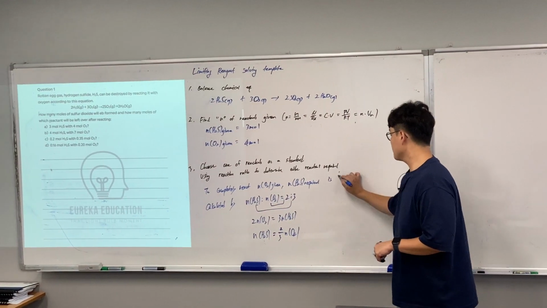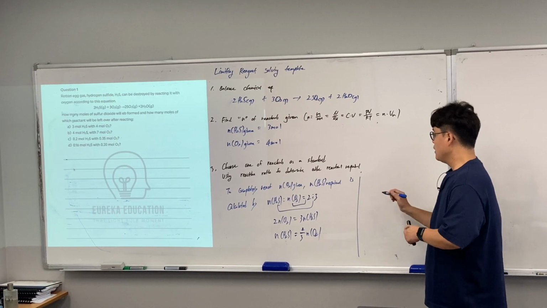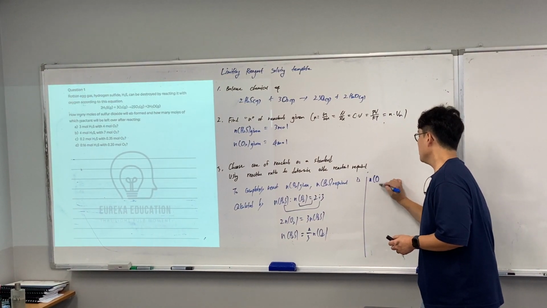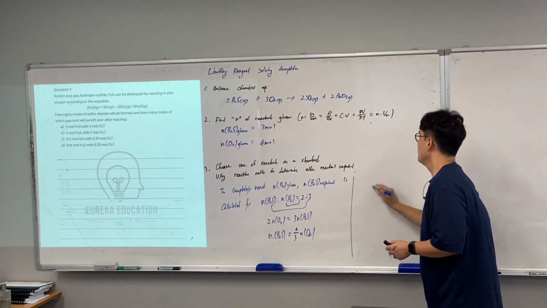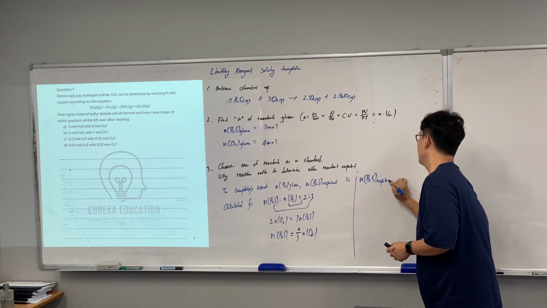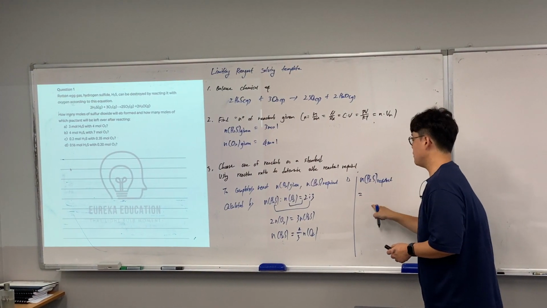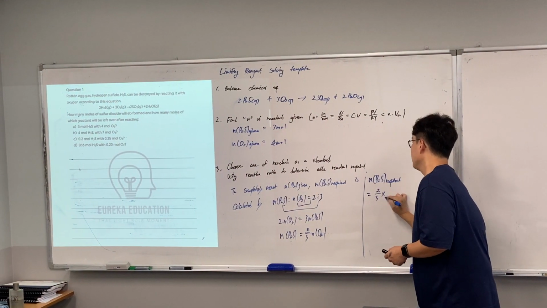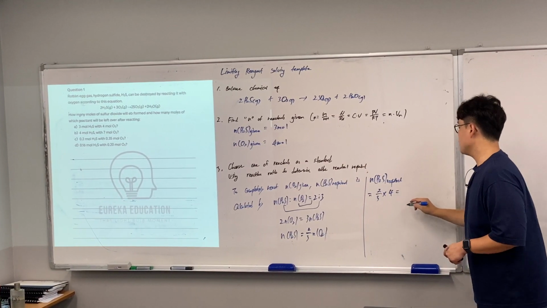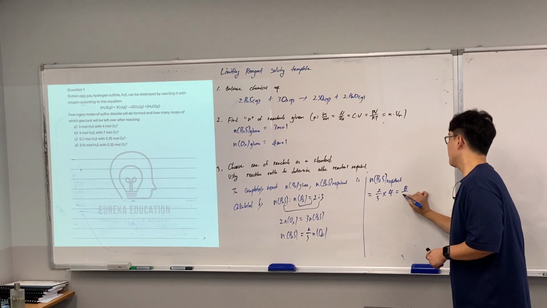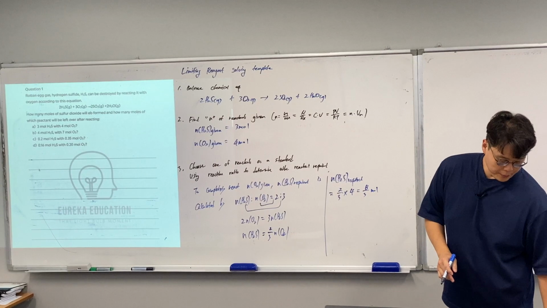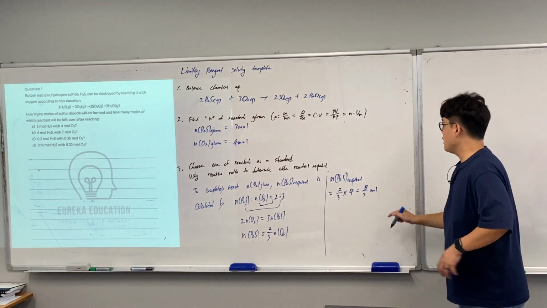Therefore, the number of moles of the H2S required is 2 on 3 times the O2 you're given, that's 4. So that gives you 8 on 3 mole, the amount we need. 8 on 3 is approximately 2 point something. Now compare the two.